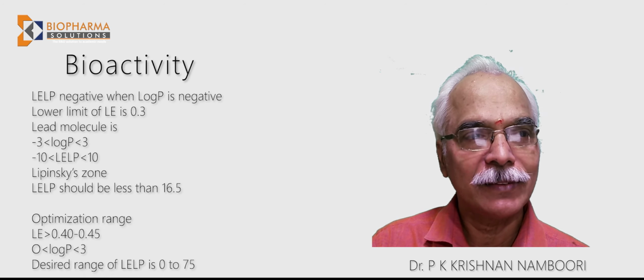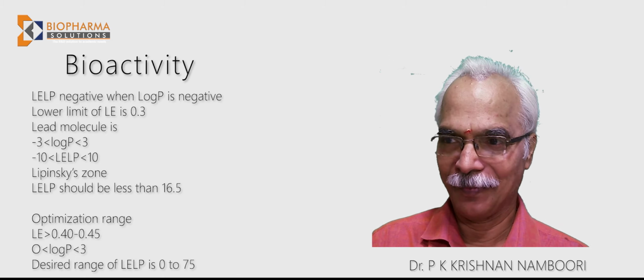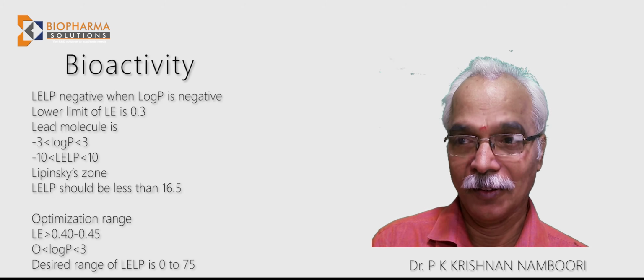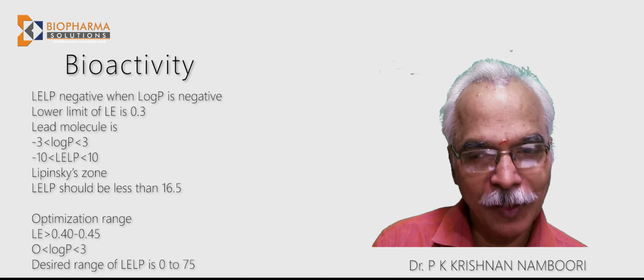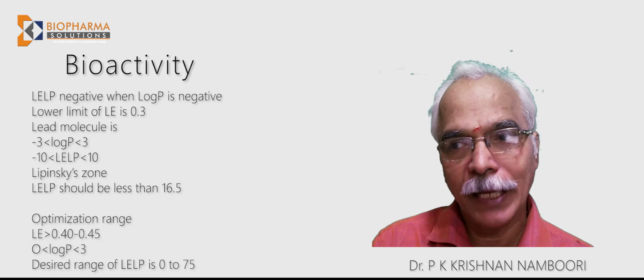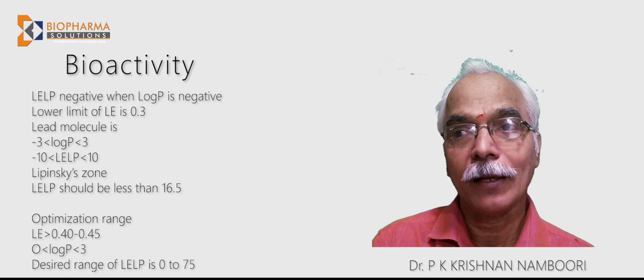LELP value is between 0 and 7.5 for most of the compounds. But mind you, it should not be negative. If it is negative, log P value is negative. If log P is negative, the problem is that the molecule is going to be highly ionizable.